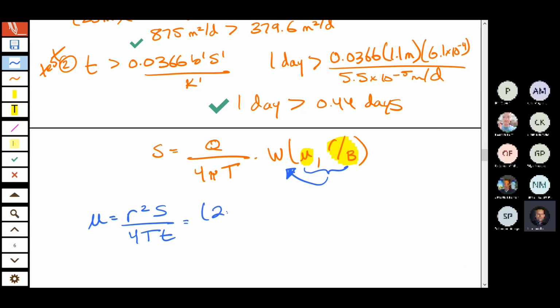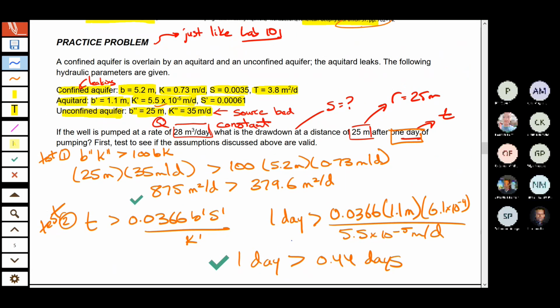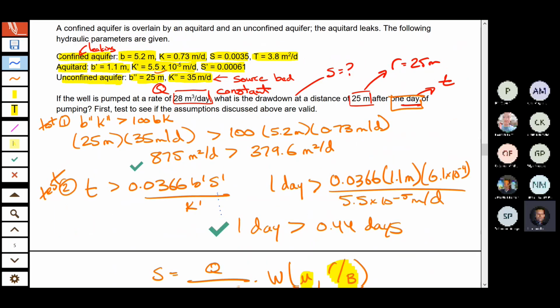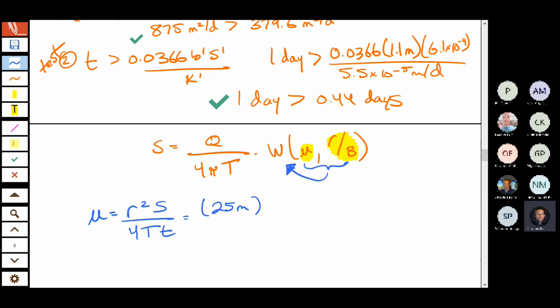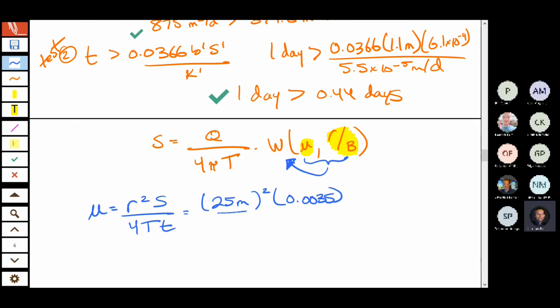So that's 25. Is it 25 meters? Yeah, 25 meters, squared. A storativity of S was 0.0035. Remember, that's the storativity of the leaking aquifer, divided by 4 times the transmissivity of that aquifer, which was 3.8 meters squared per day.